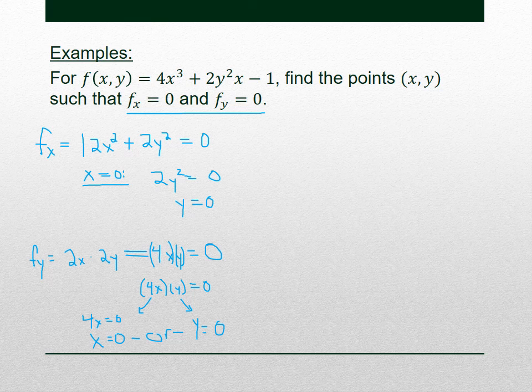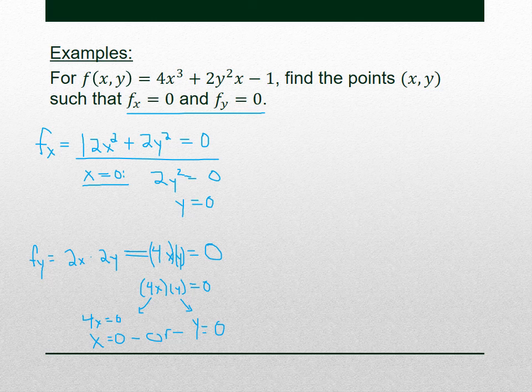So divide by 2, take the square root, and you get y is also equal to 0.